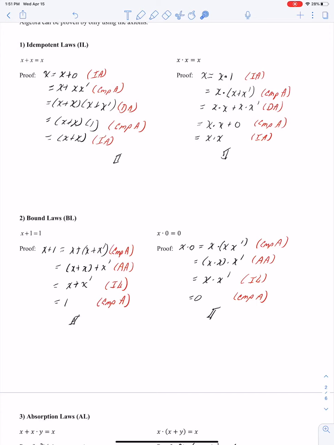All right, now, how do I prove the dual? And the answer is just by taking each one of these statements and translating it as a dual. So I'm going to let you read that argument right there. It's just the dual of this argument. So there are my bound laws.